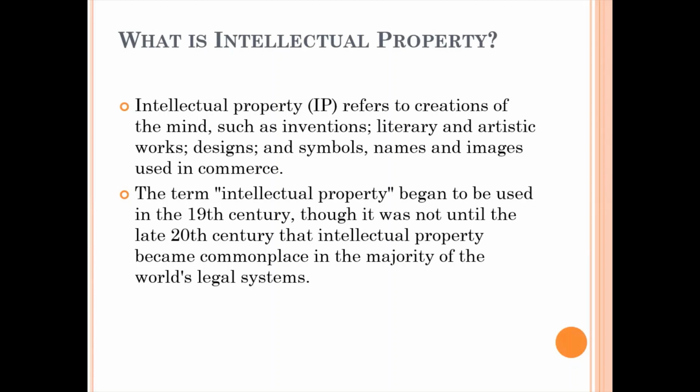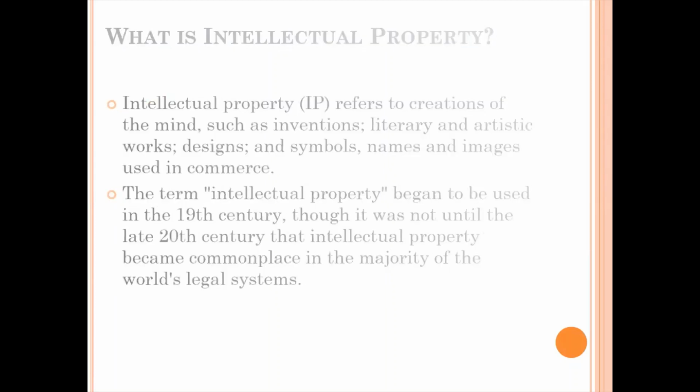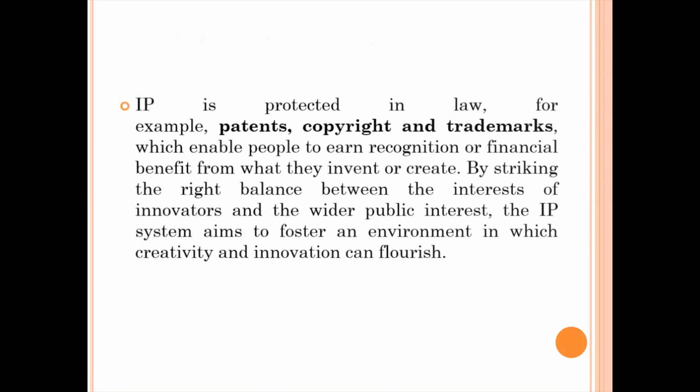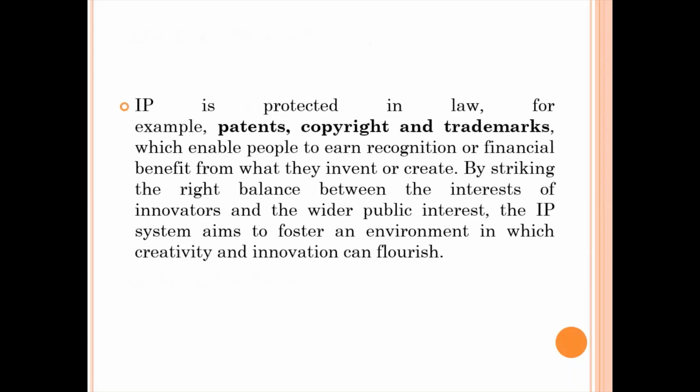That is all covered by intellectual property. There are three main forms of intellectual property, that is patents, copyrights, and trademarks. There is also one very famous form, that is trade secrets, that also comes under intellectual property.